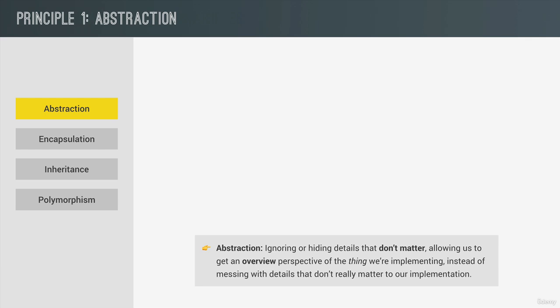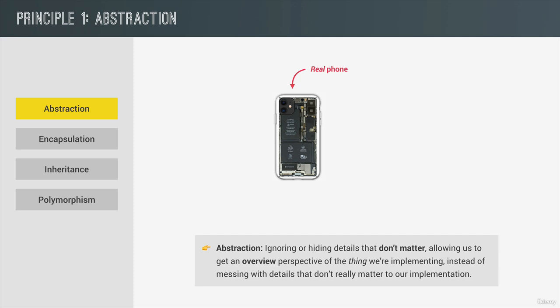And abstraction basically means to ignore or to hide details that don't matter. This allows us to get an overview perspective of whatever it is that we're implementing instead of messing with details that don't really matter to our implementation. So let's say that we're implementing a phone for a user to use.